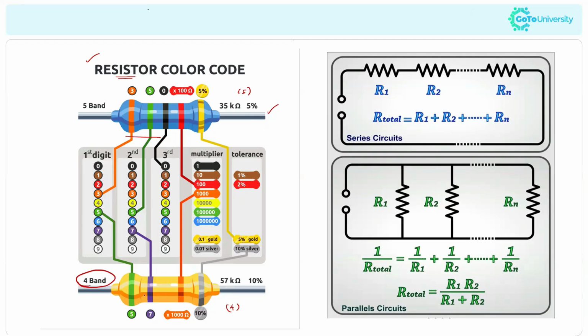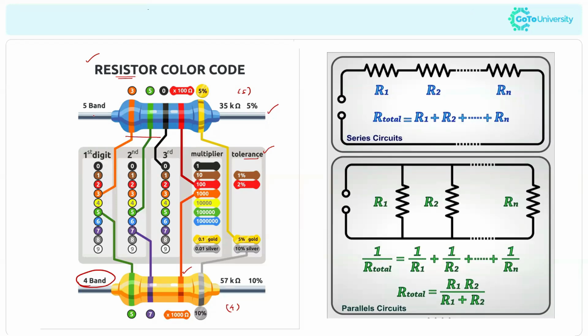When you have four bands in your given resistor, remember the first two colors are representing the value of the resistor, the third band is representing the multiplier, and the fourth band is representing the tolerance, which is how much uncertainty is given.